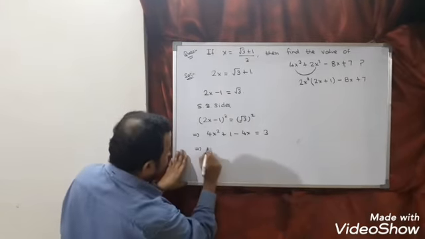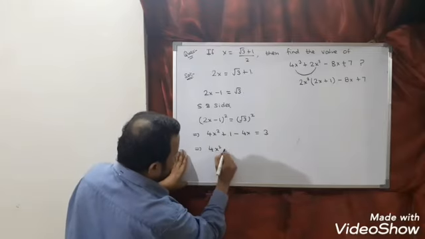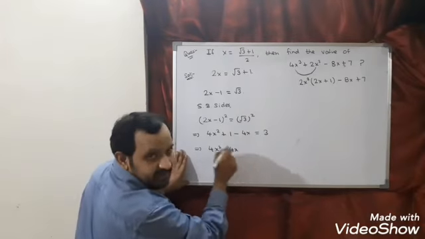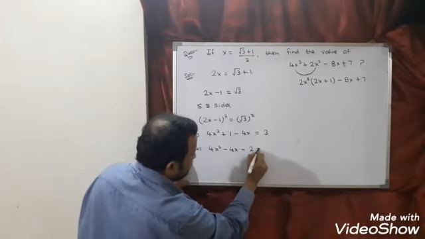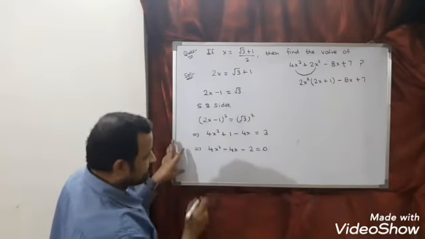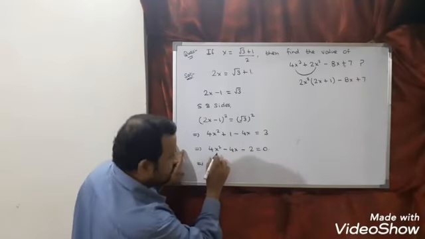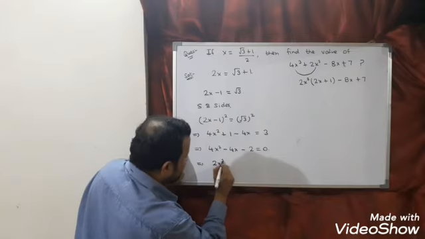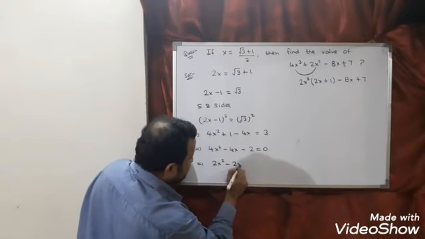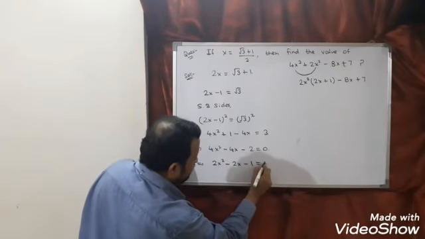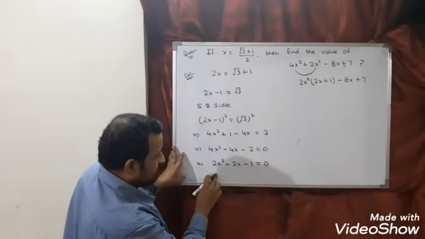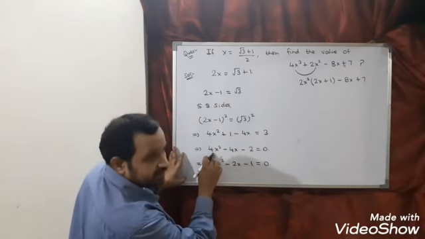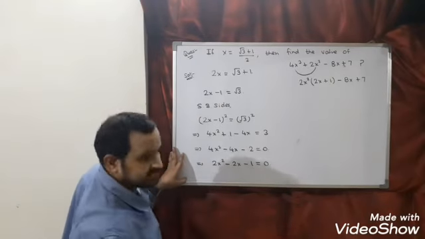Or 4x square minus 4x, 3 will come this side, minus 2 is equal to 0. I am taking 2 common and shifting to other side. Finally, 2x square minus 2x minus 1 is equal to 0.